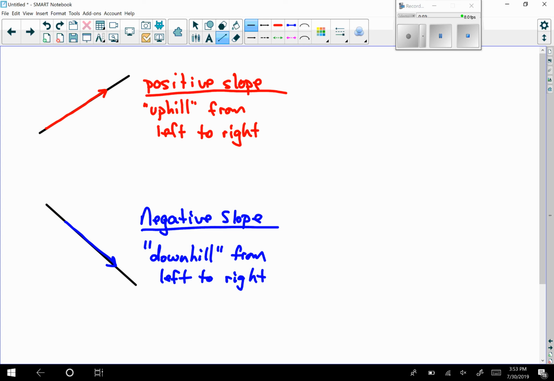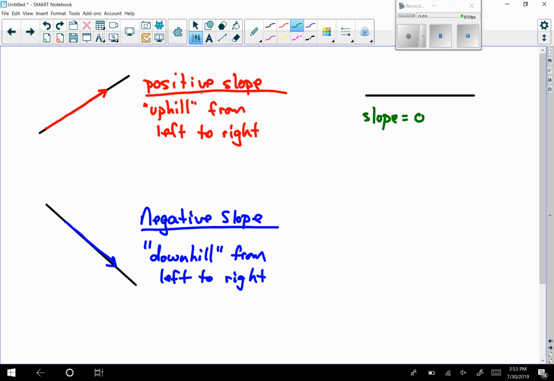The other two directions are if we are looking at a horizontal line, this, we say the slope is equal to 0.